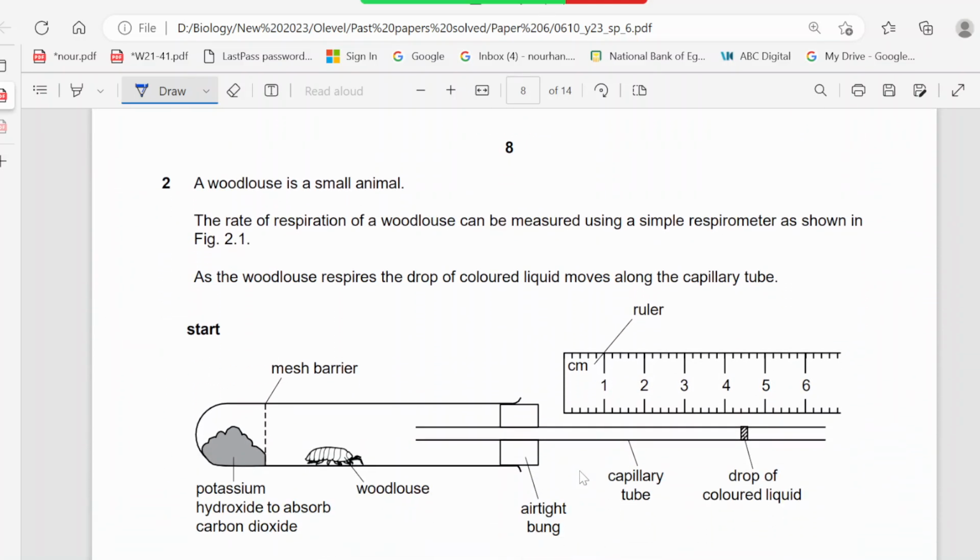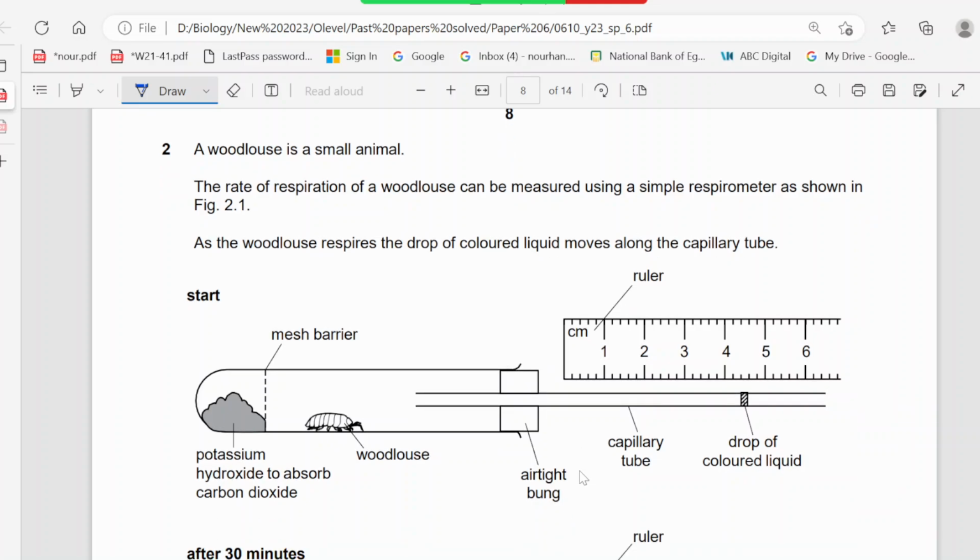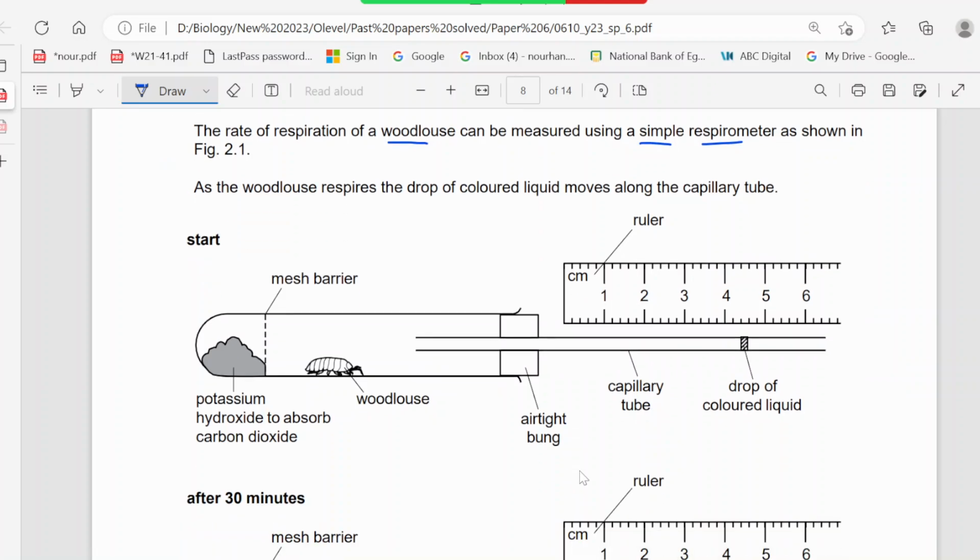Question number 2. A woodlouse is a small animal. The rate of respiration of a woodlouse can be measured using a simple respirometer. Chapter 11. As the woodlouse respires, the drop of the colored liquid moves along the capillary tube. There is a ruler next to the capillary tube عشان أقيس distance، أشوف هي اتحركت قد إيه.